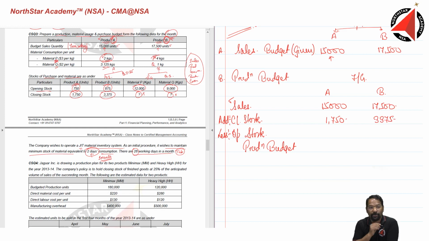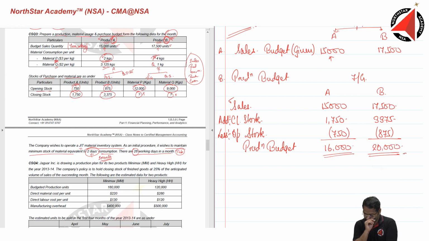Next, opening stock: 750 and 875, negative numbers in brackets. Calculate and tell me: for the first one it will be 16,000, and for the other it is 20,000. This is my production budget.